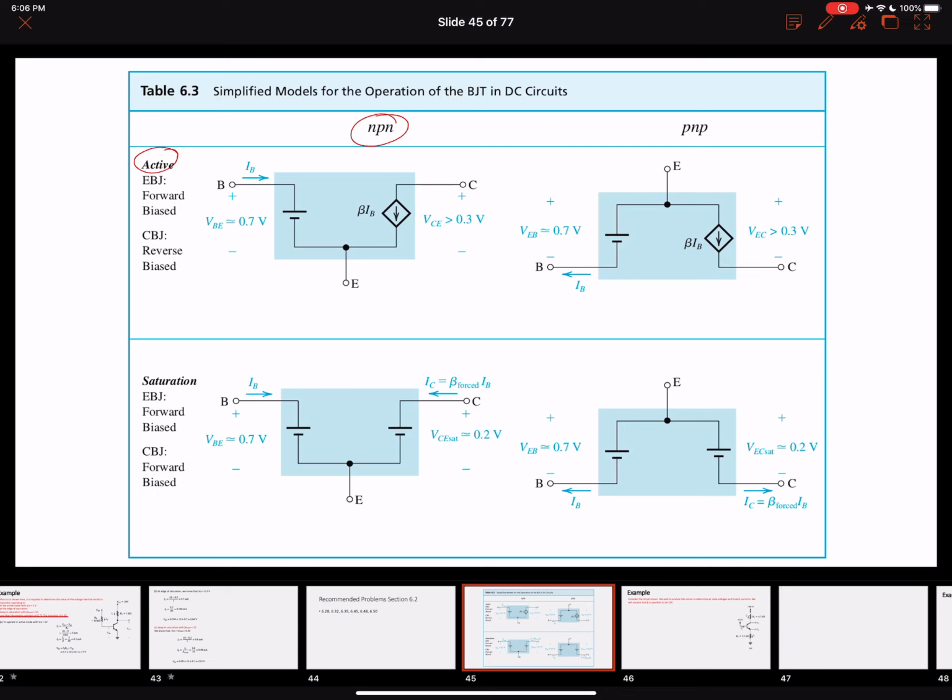For the active region, our emitter to base junction is forward biased and the collector to base junction should be reverse biased. Right? For the emitter to base junction to be forward biased, we can replace that PN junction by a forward conducting diode, and we can replace that diode by a constant voltage drop model.